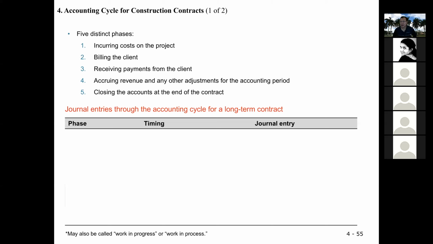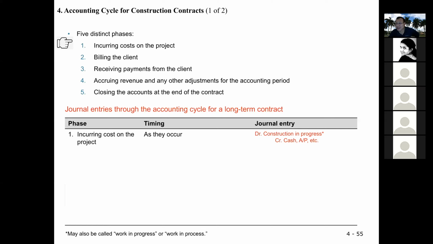I think you debit. And the other side, the credit side? Cash, I guess, or AP. Yeah, cash or AP. Okay, so you debit construction in progress, you credit cash, right?